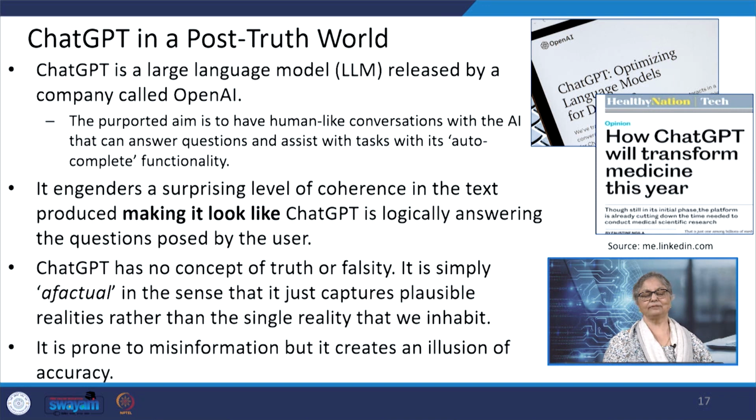However, it also has no concept of either truth or falsity. It is simply a-factual in the sense that it just captures plausible realities rather than the single reality that we inhabit. And therefore, it is prone to misinformation even though it creates an illusion of accuracy.